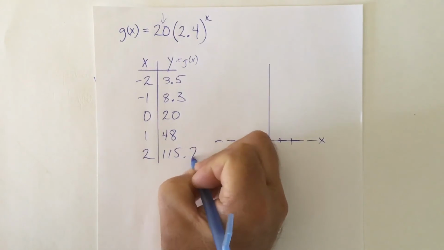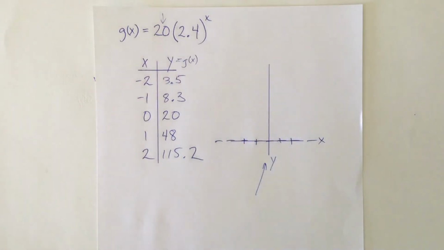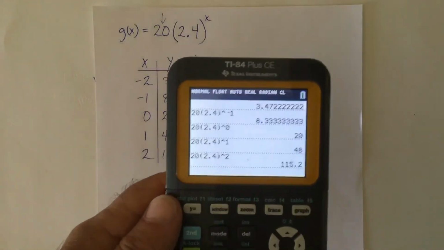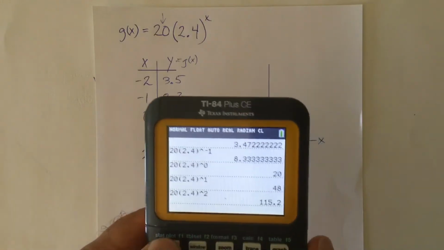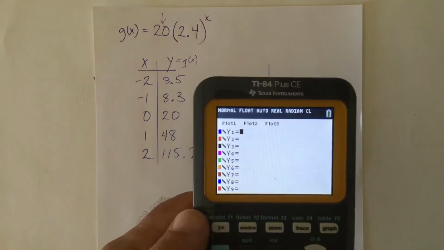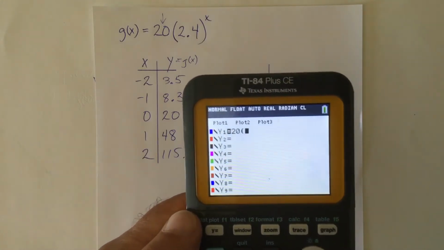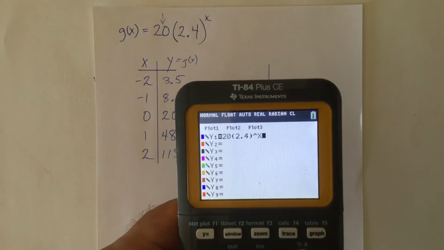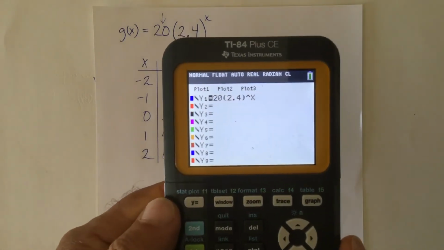Now, if I want to sketch this graph, I'm going to show you this on the calculator because you're going to go, man, that's... I'm going to go to y equals. I'm going to get rid of my last one. I'm going to punch in 20 parentheses 2.4 to the power of x. So I punched it in.